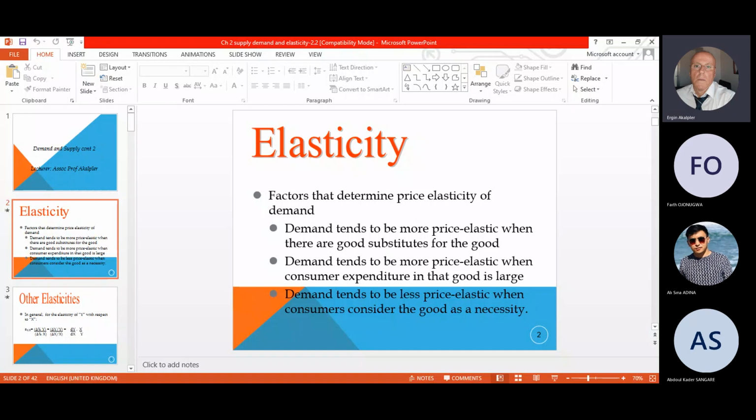Demand tends to be more price elastic when consumer expenditure on that good is large, and less price elastic when consumers consider the good as a necessity.